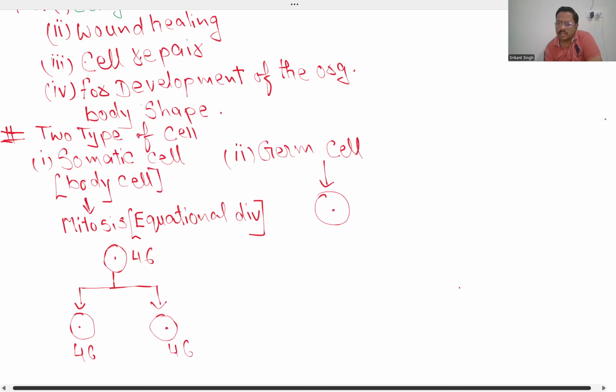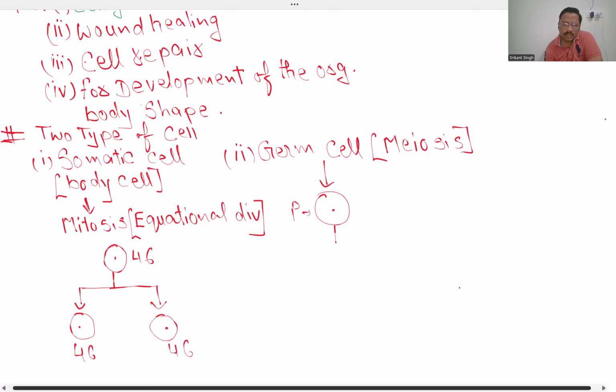See, this is the parent cell, P stands for parent cell. In these germ cells, the mitosis process does not occur. In these cells the meiosis process is occurring.